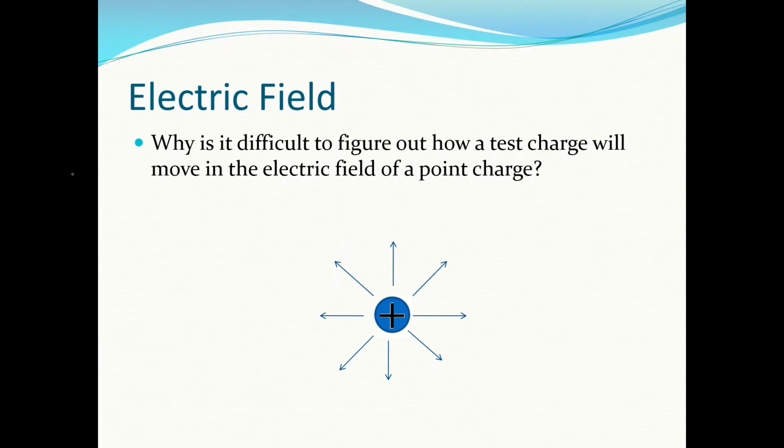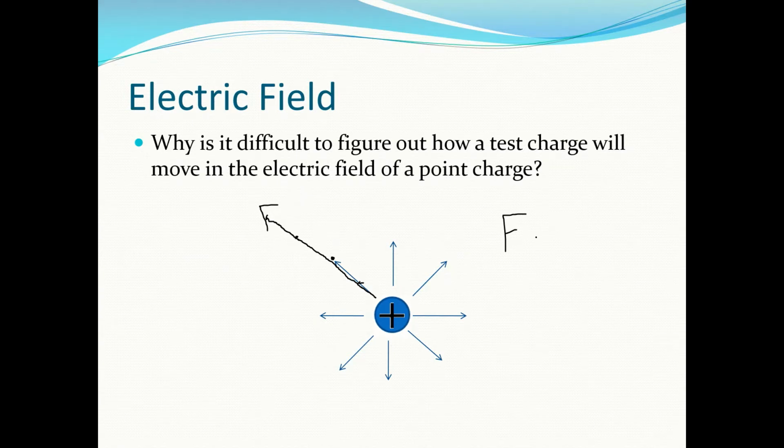So why is it difficult to figure out how a test charge will move in an electric field of a point charge? Well, let me answer that question for you. The electric field here is different than the electric field here, than here, than here, right? As we move further away, our electric field is weaker.